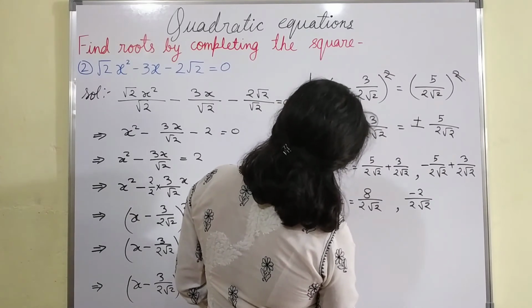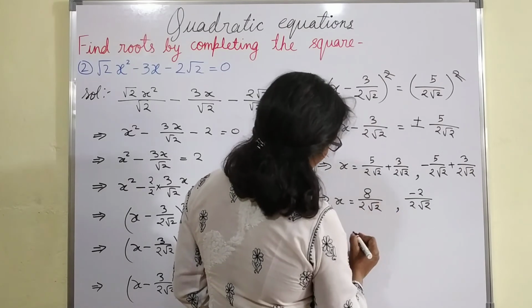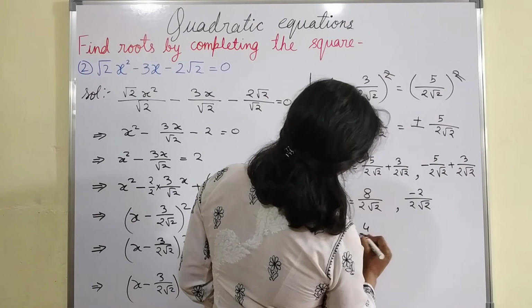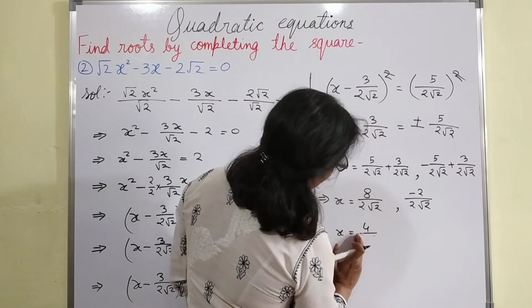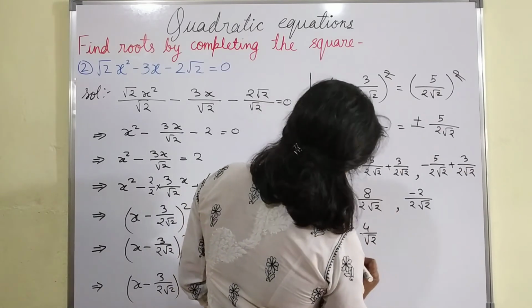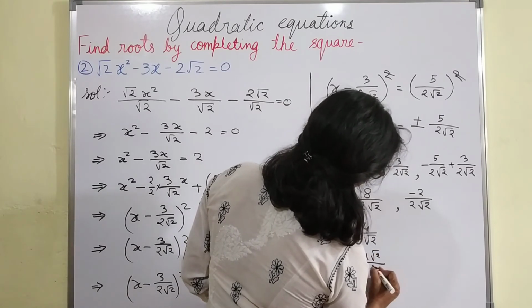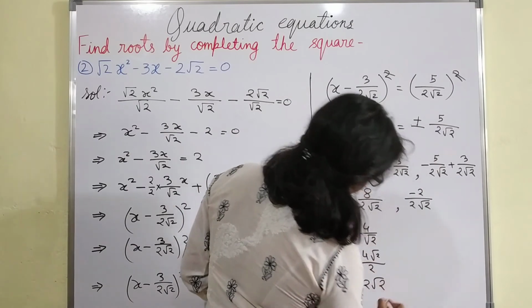If you want to solve it further, 4 upon root 2. Rationalize the denominator. So it will become 4 root 2 upon 2. So the answer is 2 root 2.